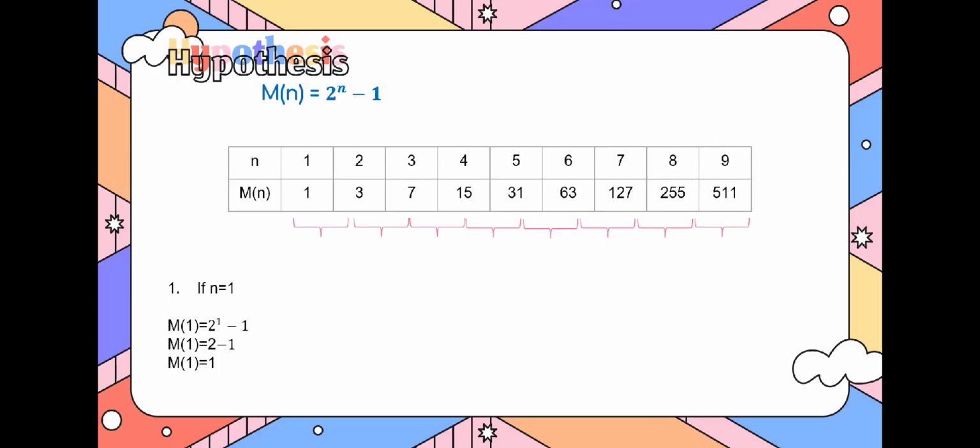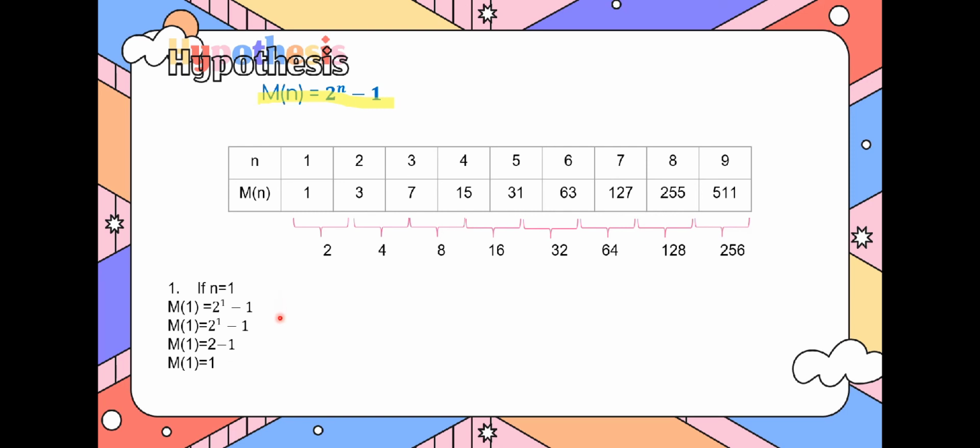So let's note that M of n equal to 2 raised to n minus 1 is our formula. So let's try if our hypothesis is true, or let's prove our hypothesis true. If n equal to 1, then M of 1 is equal to 2 raised to 1 minus 1, which is equal to 1.